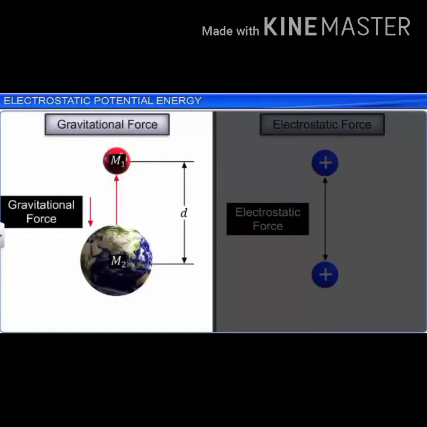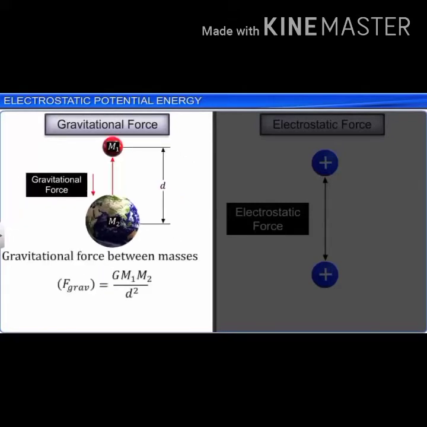The gravitational force between masses m1 and m2, separated by a distance d, is expressed as G m1 m2 upon d square, where G is the universal gravitational constant, which is equal to 6.67 into 10 to the power minus 11 Newton meters square per kilogram square.